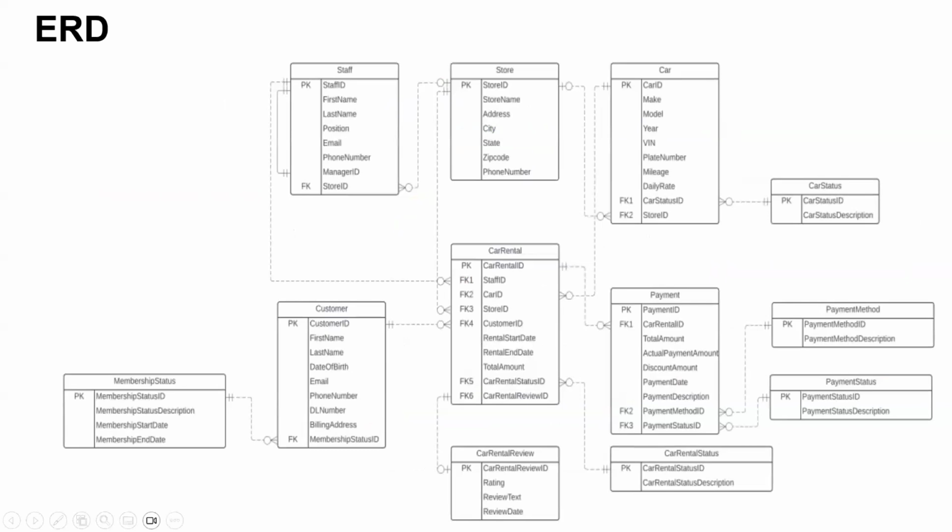Here you see in car rental, there's a total amount, but in payment, there's also a total amount. However, one car rental can have multiple payments. So this total amount should be the sum of the total amount of each payment of this car rental.